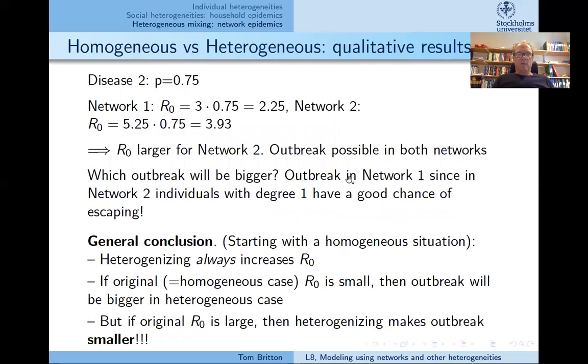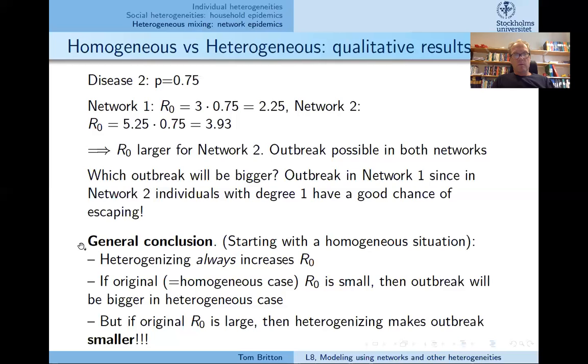And the answer is that network 1 will actually have a bigger outbreak than network 2, because in network 2 there are many individuals that have degree 1, and they have a good chance of escaping infection. So if you remember from the previous slide, for disease 1, network 2 was the worst case and network 1 was better, whereas for disease 2, network 1 is the worst situation.